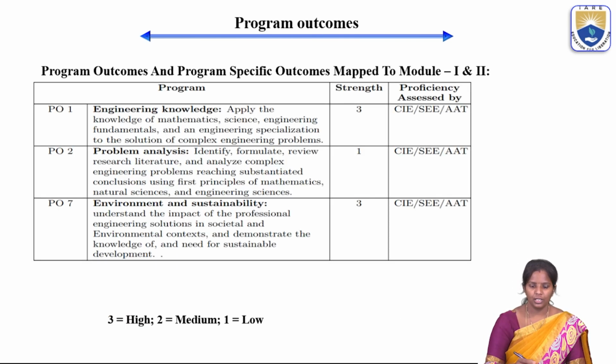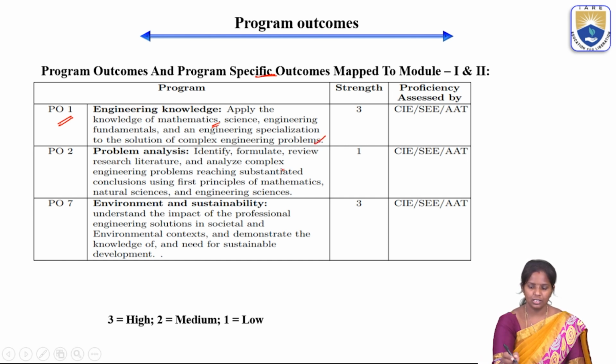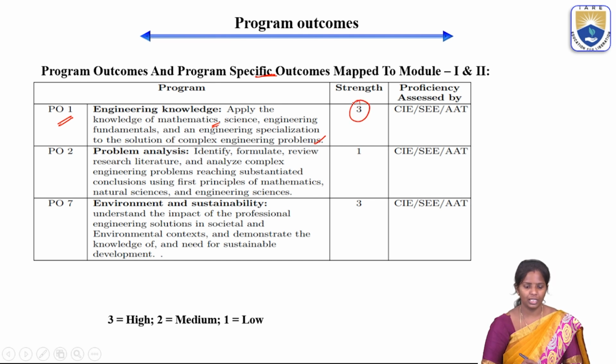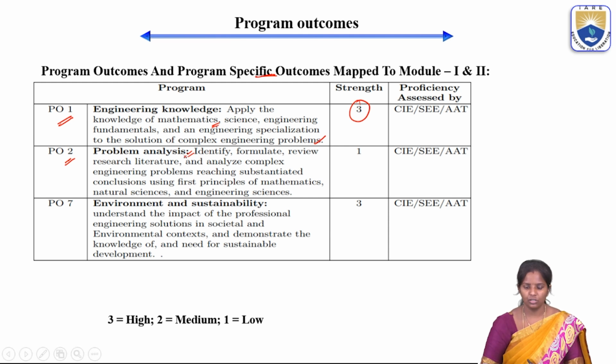So program outcomes and program specific outcomes mapped to a module, for example, PO1. It is applicable to apply the knowledge of mathematics, science, engineering fundamentals, and engineering problem solving. The strength is 3. We will see how it is calculated. Then PO2 is problem solving, that is also mapped.